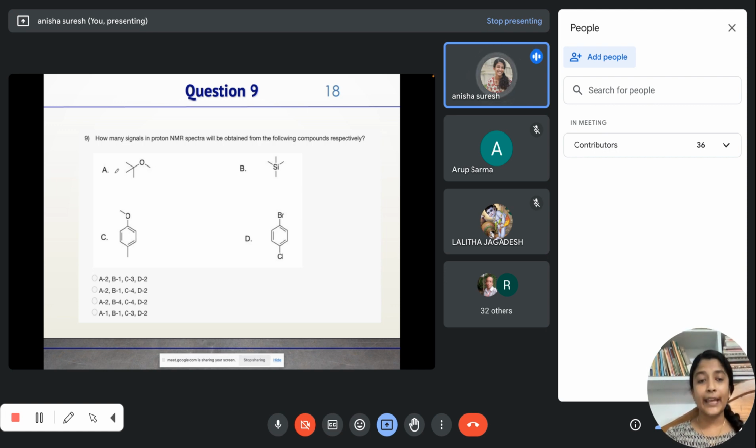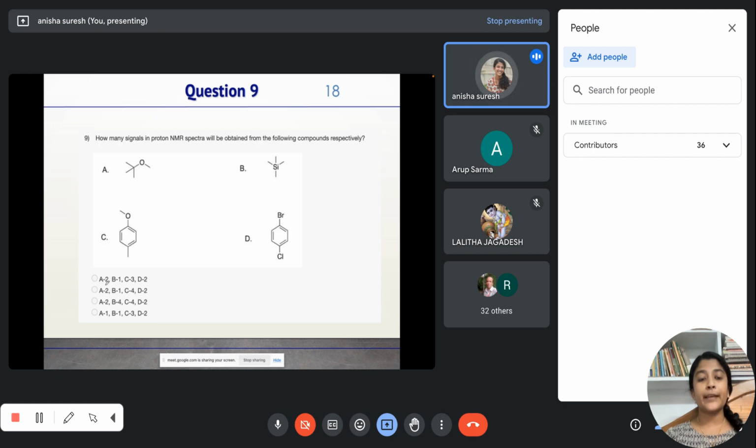So you have to find this for these four cases. They have given some options. You can find the answers and match with these options.